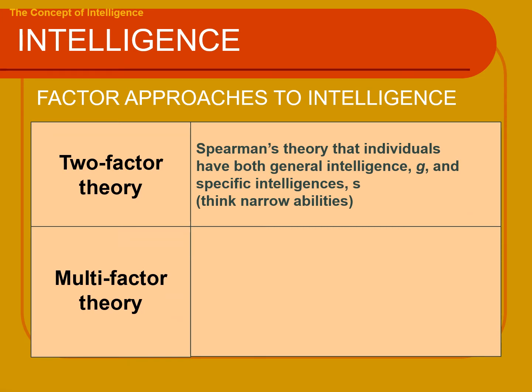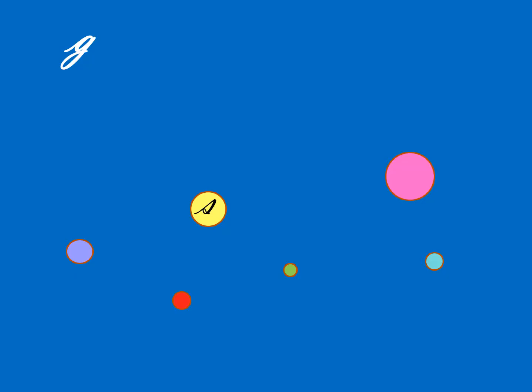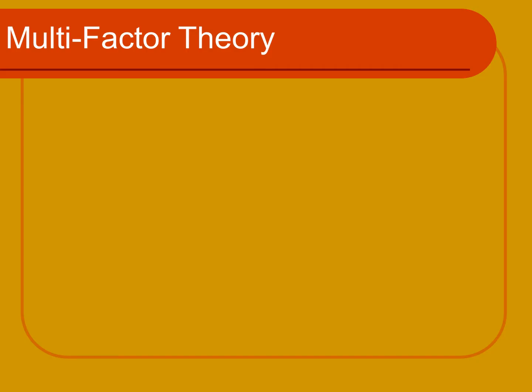Now, we also have multi-factor theorists. Let's compare these two. Remember, with the two-factor theories, we have G and S factors. But there are no specific skills for the multi-factor theorists, and there is no G. So what is there?